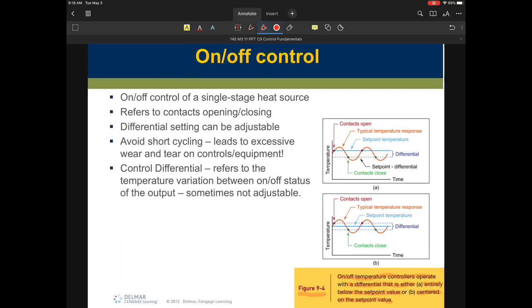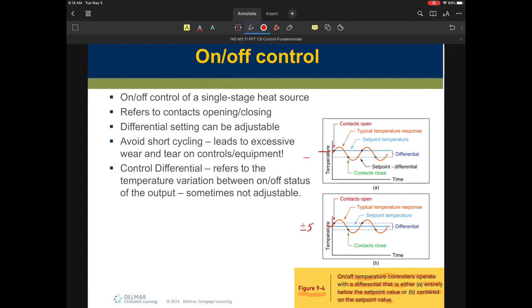So this is something that we don't always know for sure, how that control is doing its differential. Is it a plus differential? Is it a minus differential? Or is it smack dab in the middle? In this example, in item B, let's say that this represented a 10-degree differential, it would basically be a plus or minus 5 degrees swing, and your set point would be right in the middle.